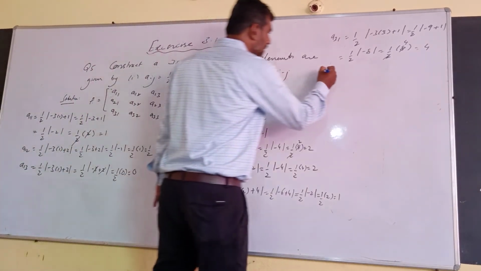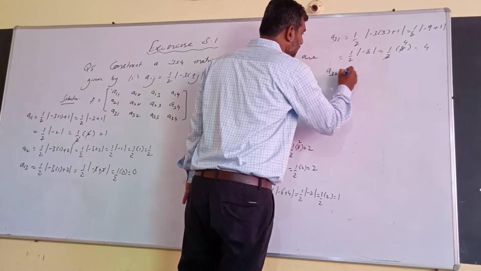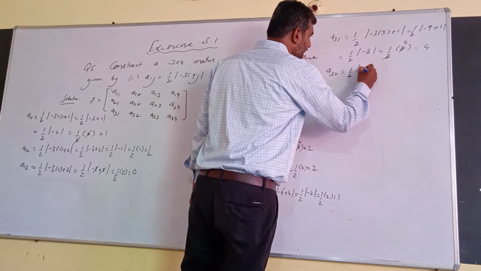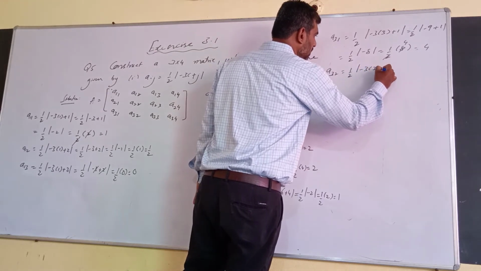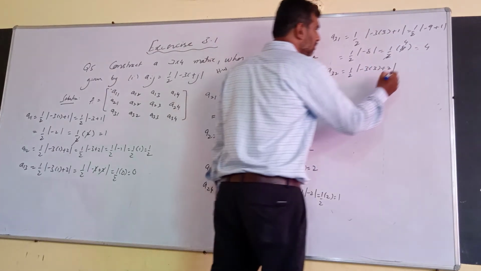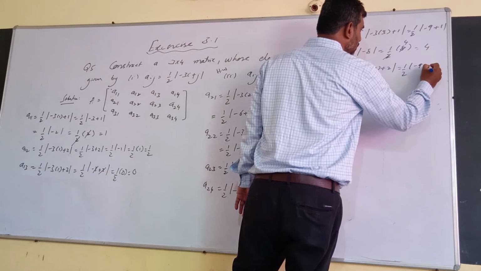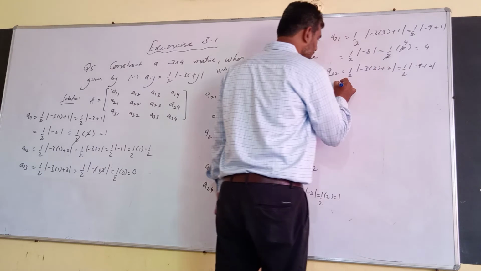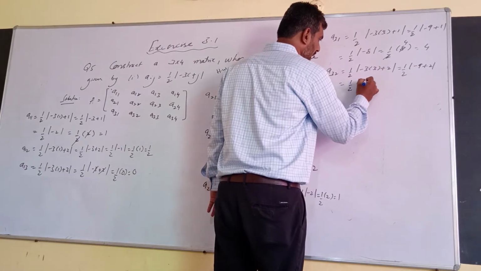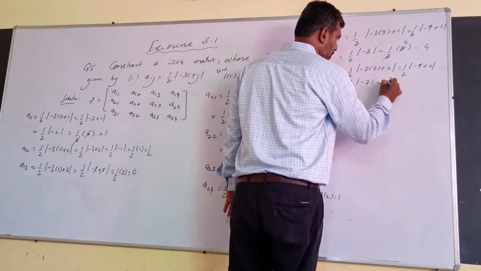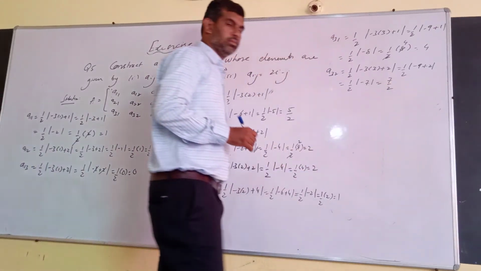Now A32: 1 by 2 into absolute value of minus 3 into 3 plus 2. 1 by 2 into minus 9 plus 2. Now it is minus 7, plus 7 divided by 2.